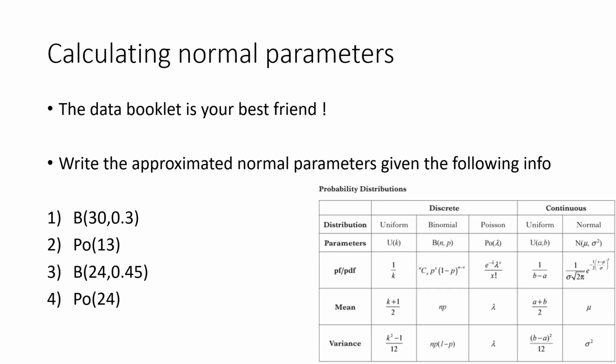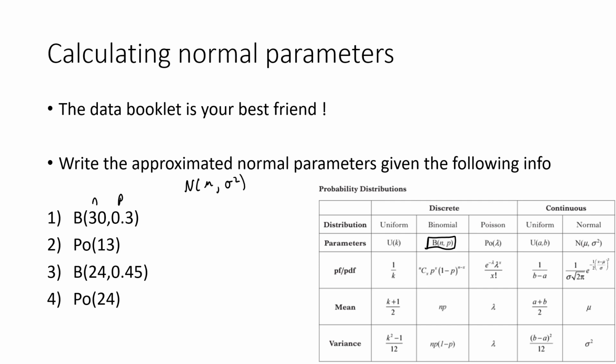Now let's move on to finding the parameters of approximated normal distributions. For a normal distribution, our parameters are mu and sigma squared. When we are given a binomial distribution, we can check the table of binomial parameters, and we are given the sample size, which is 30, and the probability of success, which is 0.3.